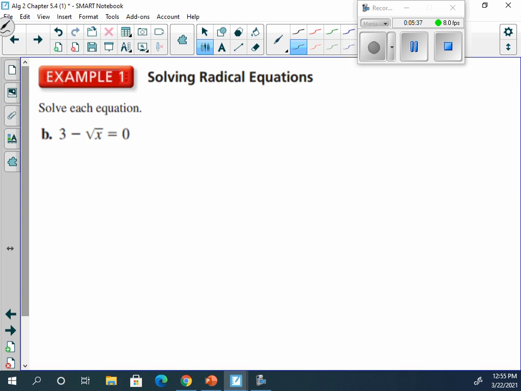Our next one is 3 minus the square root of x is equal to 0. Really we want to solve for the value of x, so we first need to get the radical by itself. So what can we do to get the radical by itself?